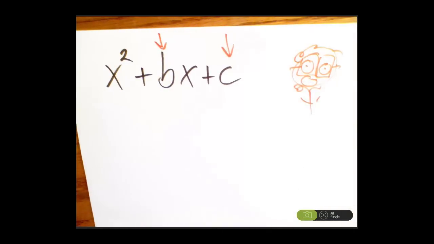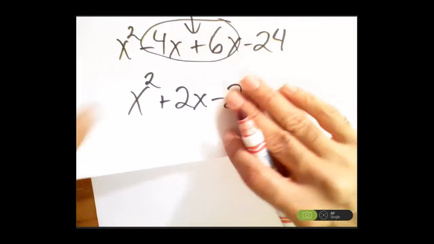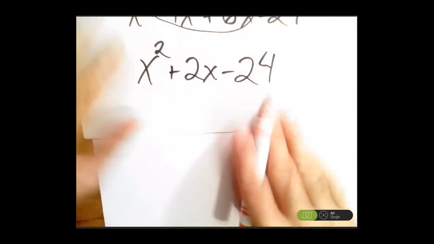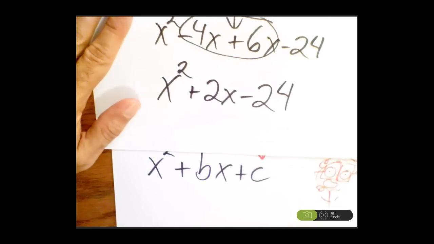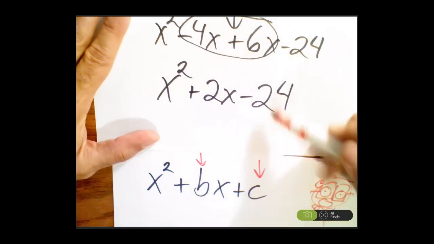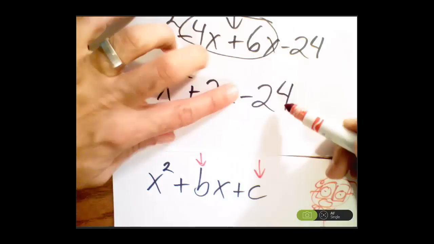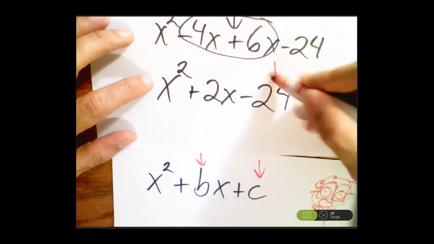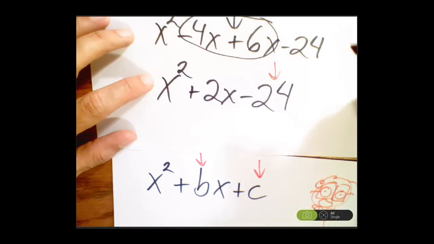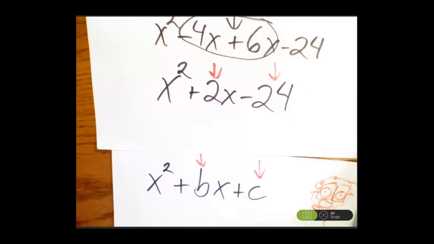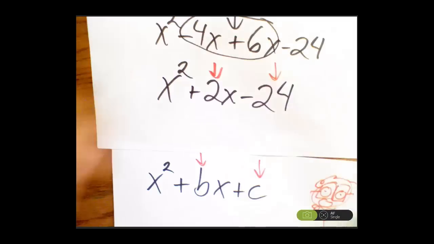So let's say I had a number in this trinomial, and this would follow the pattern, and I'll put it right below it, of x squared plus bx plus c, and this c is a negative 24 in this case. So I'm going to think of 2 numbers that can multiply to make negative 24, but when you add them together, they make 2. How is that even possible? Well, I'm about to show you, okay?